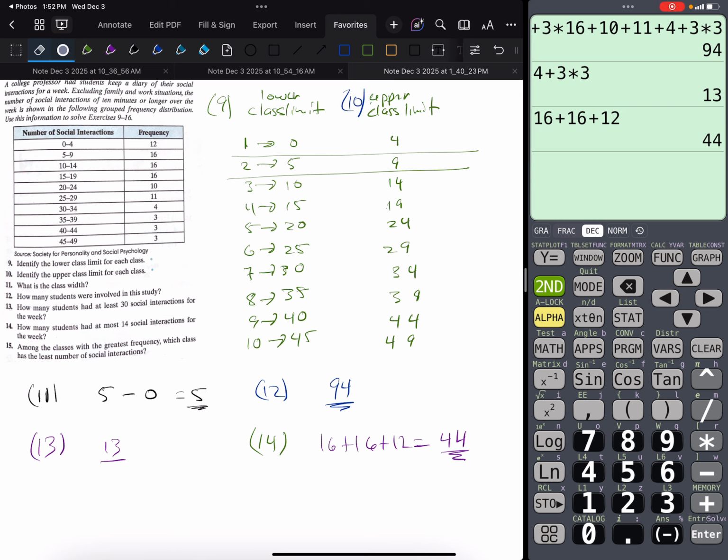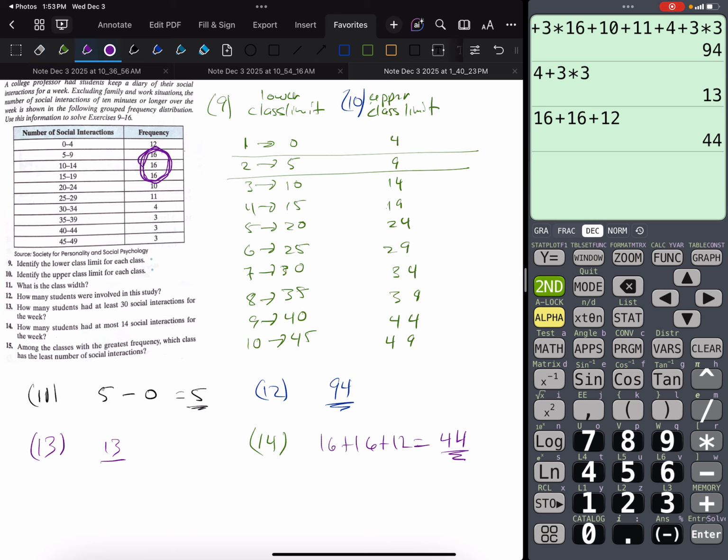Among the classes with the greatest frequency, which class had the least number of social interactions? Well, I look at the frequency side of my table here, and I find that the max is 16. And so I'm really just looking at those 3.